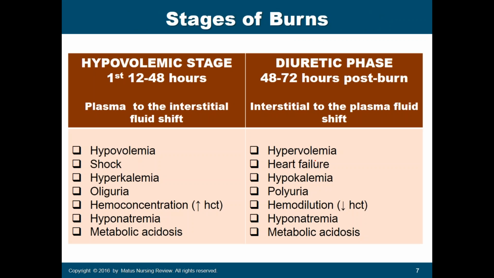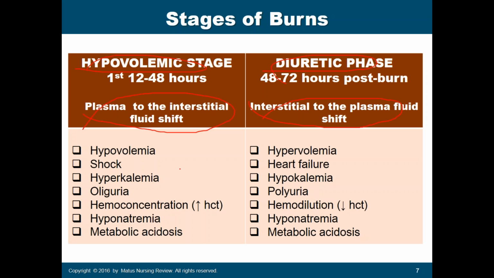So this is just a comparison of the symptoms between the stages of burns, which is your hypovolemic stage and your diuretic stage here. Here you could see the plasma to interstitial fluid shift, and here is the interstitial to plasma fluid shift. So remember that.